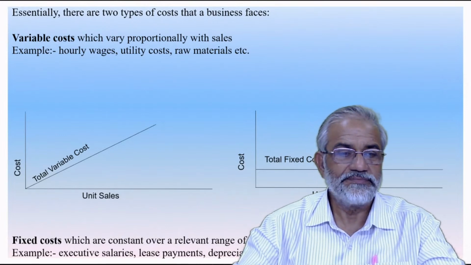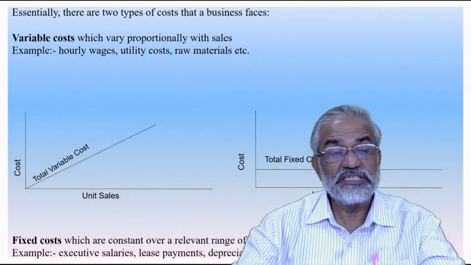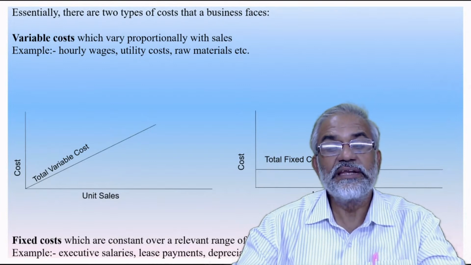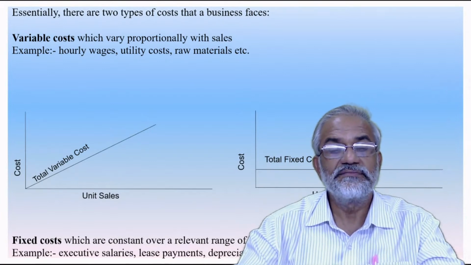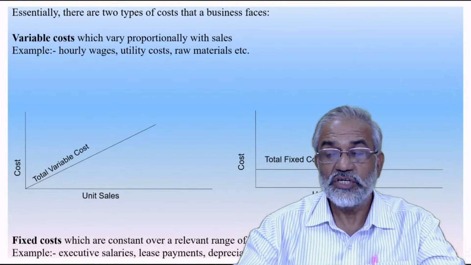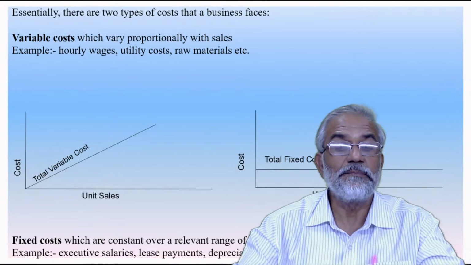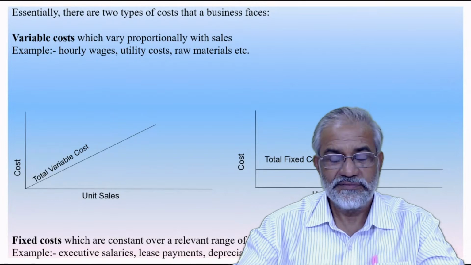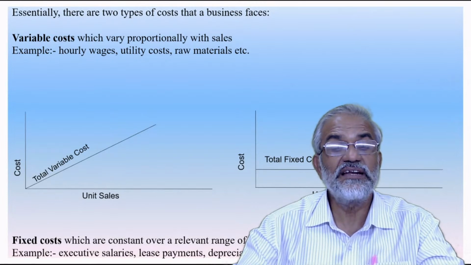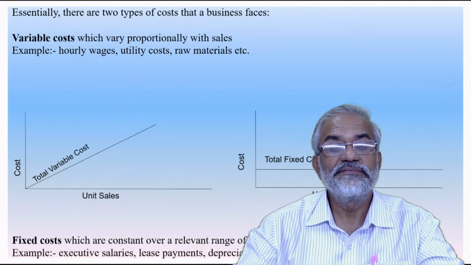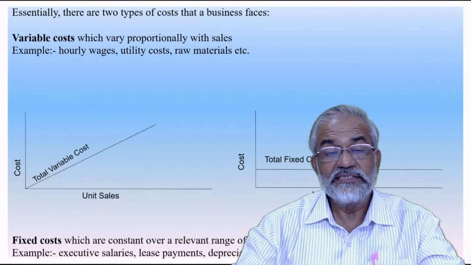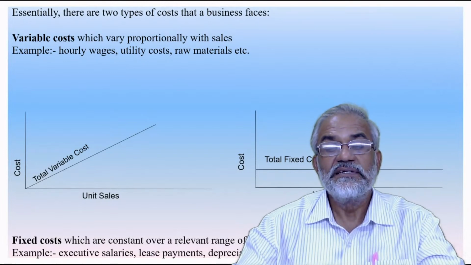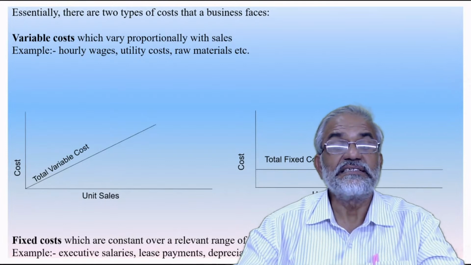The fixed cost is constant over a relevant range of sales and for a certain period of time. The examples of fixed cost are executive salary, factory rent, lease payments, depreciation, etc.